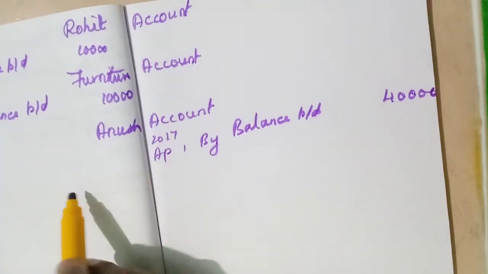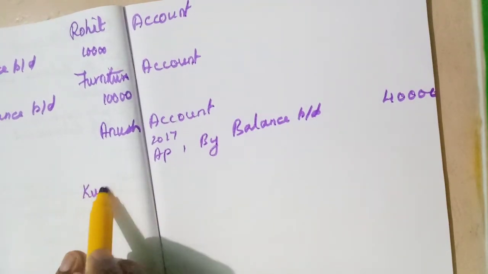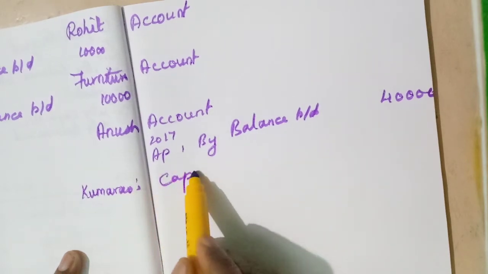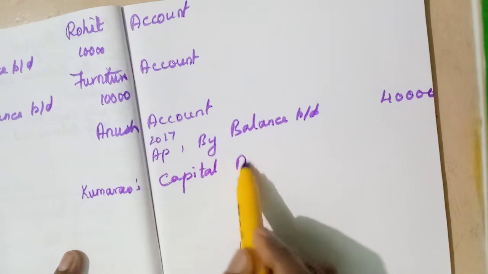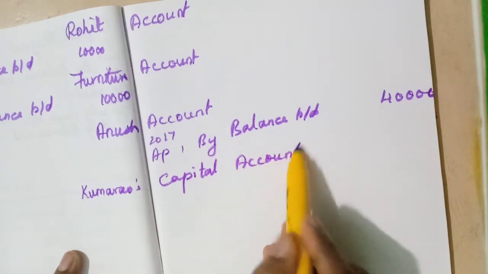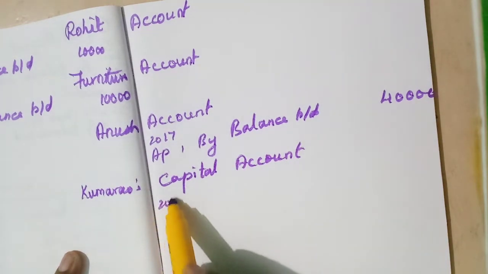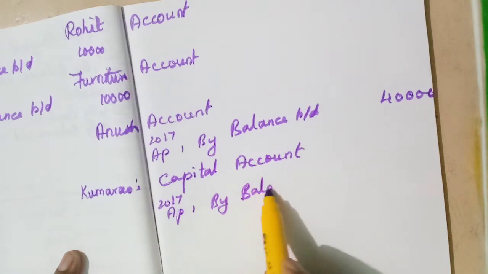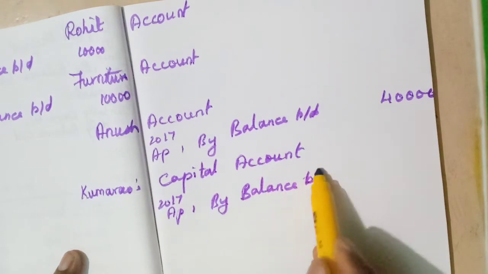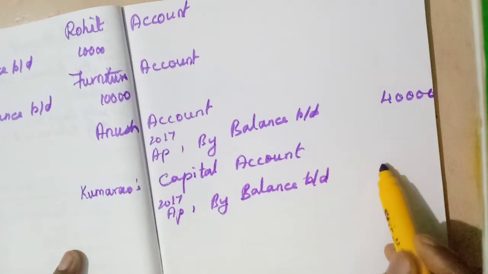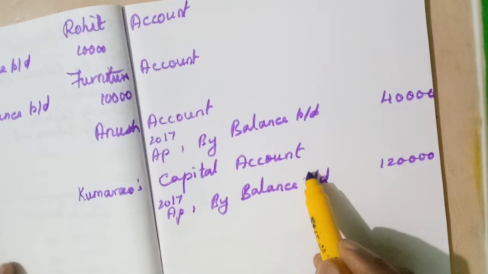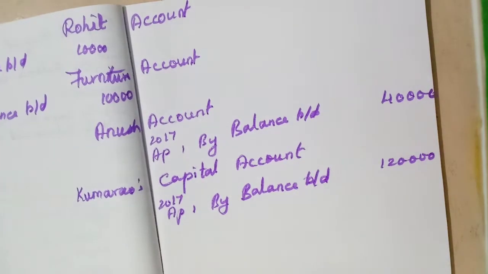Then Kumaran's capital account. Same, credit side. Credit we have entered, isn't it? So credit side we should write 1,20,000. Okay, that's all.